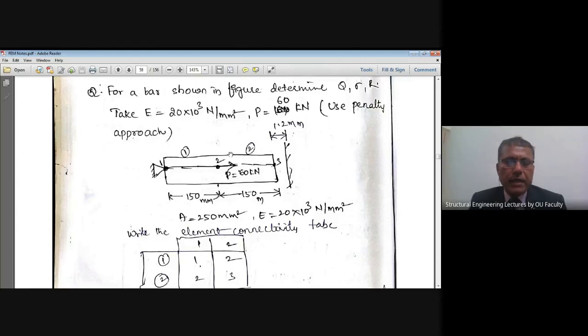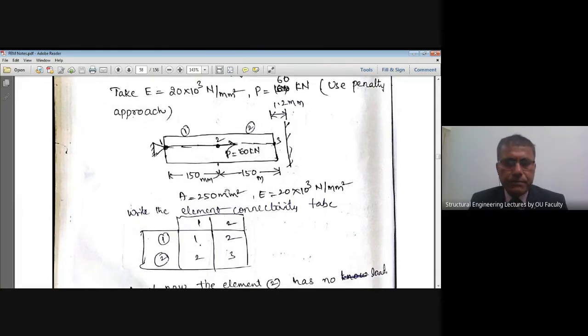The load acting at the mid length of this bar of uniform cross section is 60 kilonewton. Use the penalty approach. Particularly, it is given that you use the penalty approach.